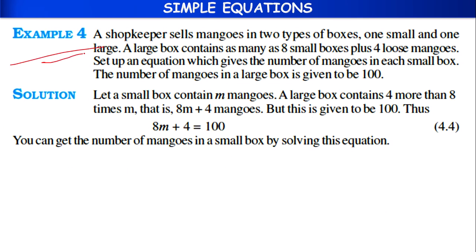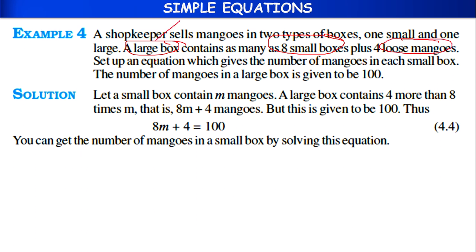Next example 4. A shopkeeper sells mangoes in 2 types of boxes. One small box, one large box. Large box contains as many as 8 small boxes plus 4 loose mangoes.